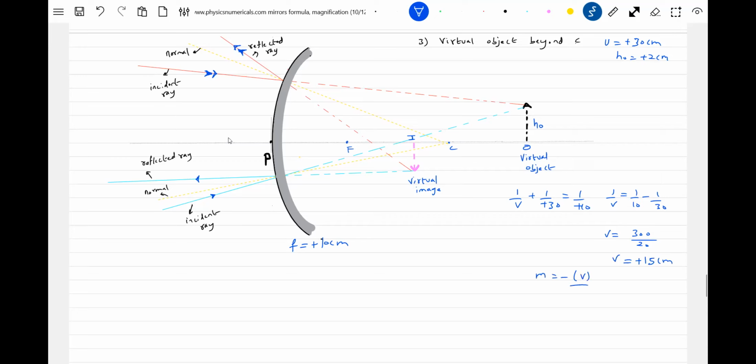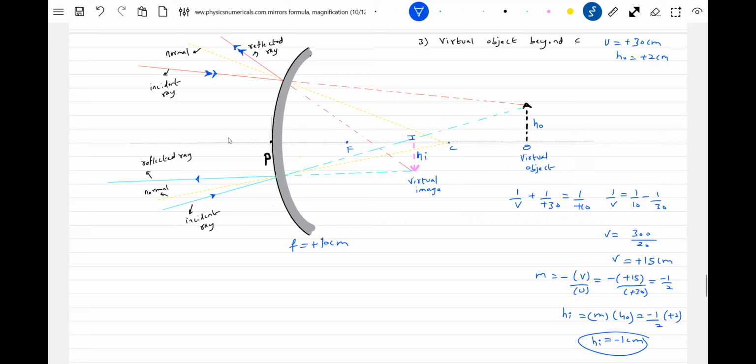Magnification, so height of the image is minus 1 centimeter.